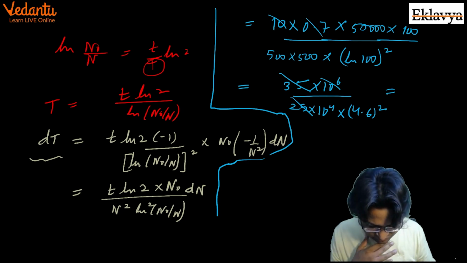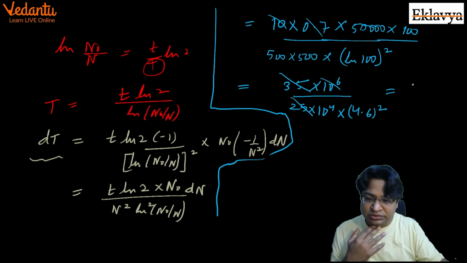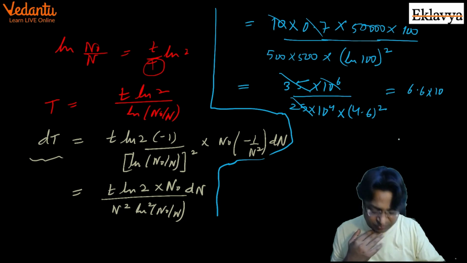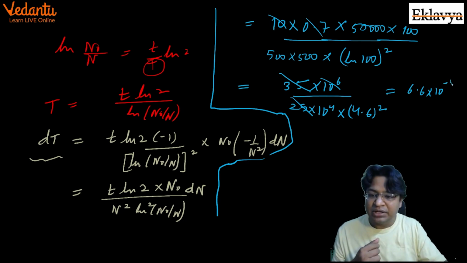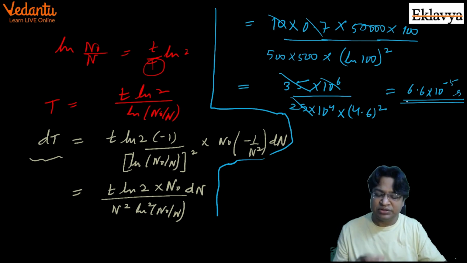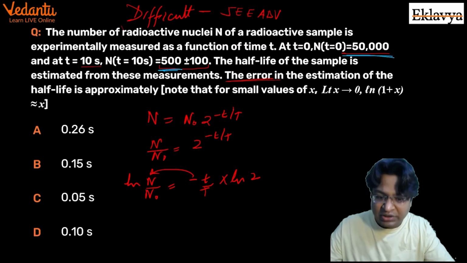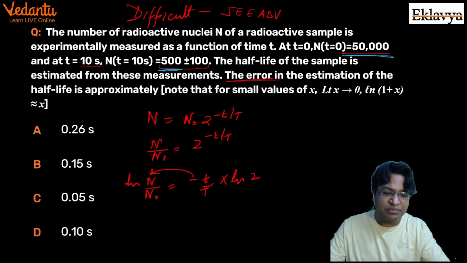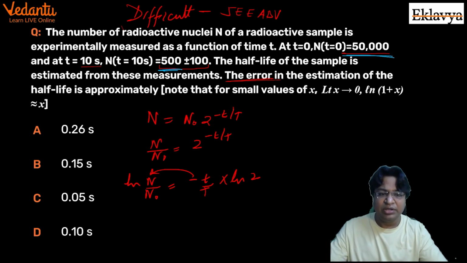So this is 6.6 into 10 raised to power minus 5 seconds. So let me go back and check whether we have an option like this or not. It says here that we don't have an option like this. Just a minute, guys.